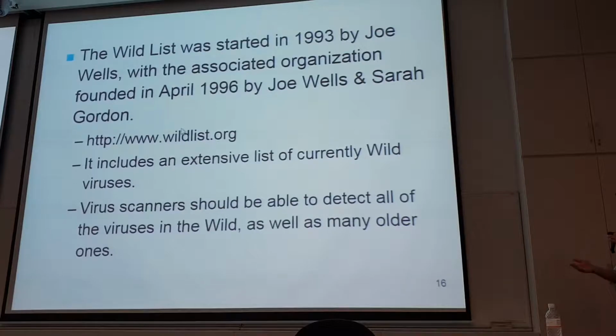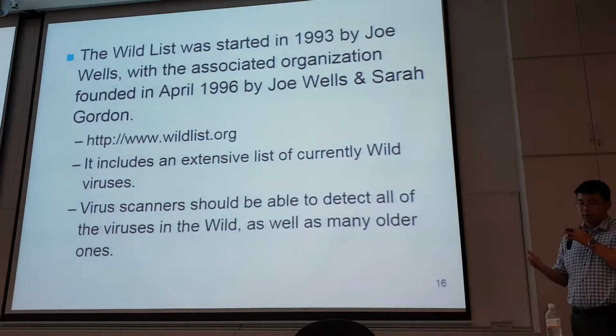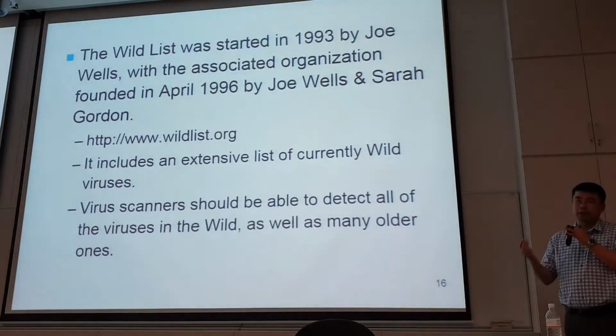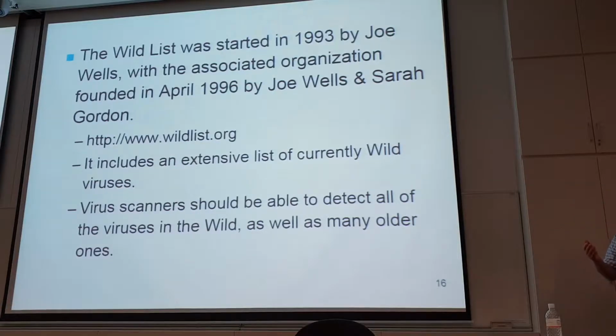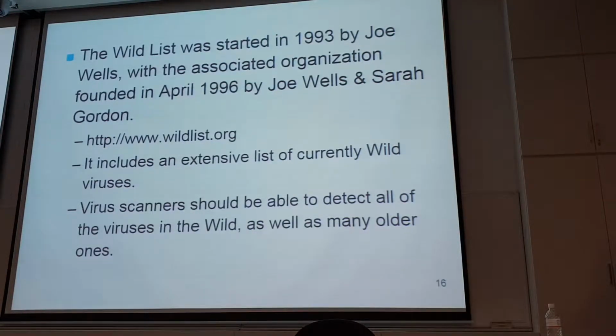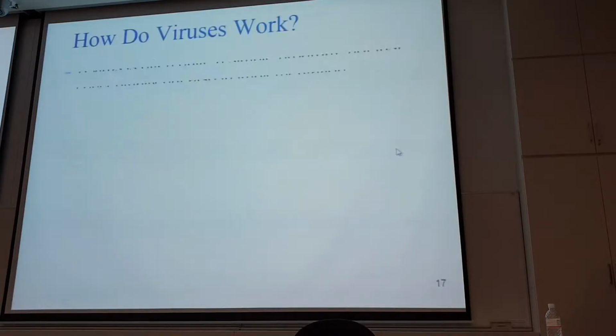For example, some virus may have been active maybe 2 years ago, but nowadays such a virus is no longer active because antivirus can detect and remove all these kinds of viruses. Then they will be removed from the list. So the list is an extensive list of currently active viruses. We call them wild viruses.